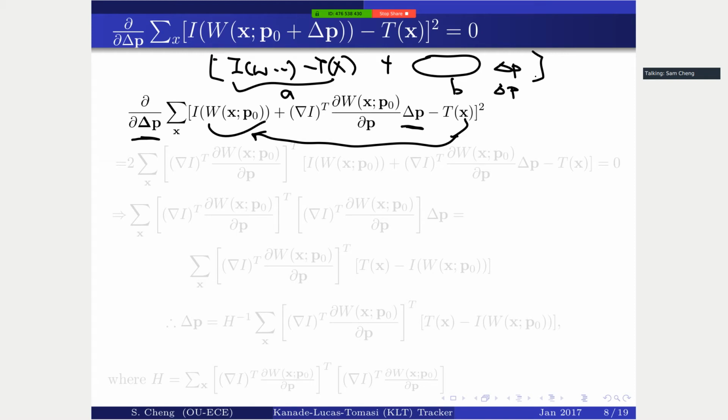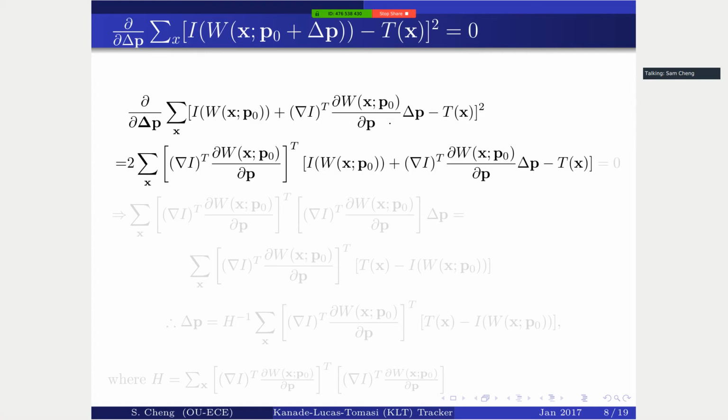Then if you take the square of that one and take the derivative, basically it's just equal to 2 times A plus B delta p times B, right? And B in this case is this guy here.